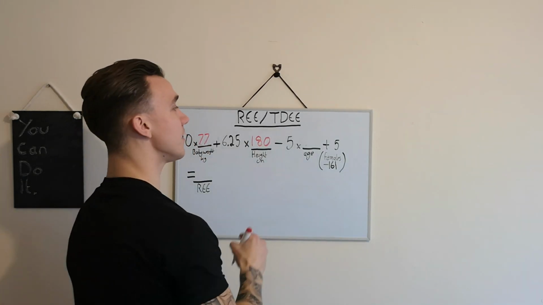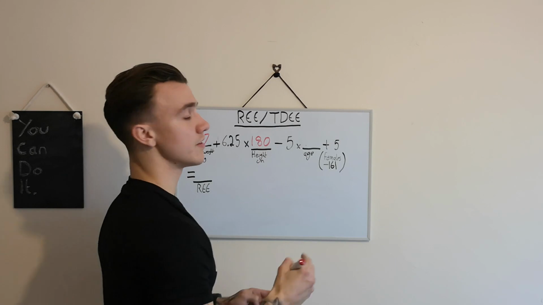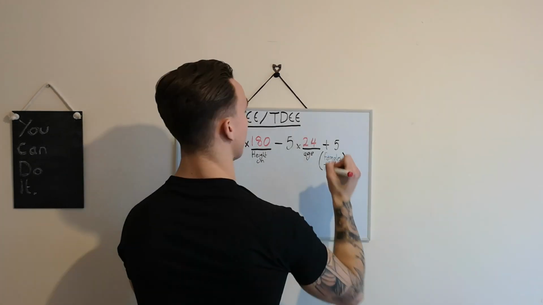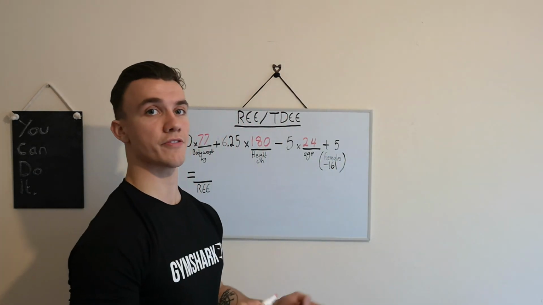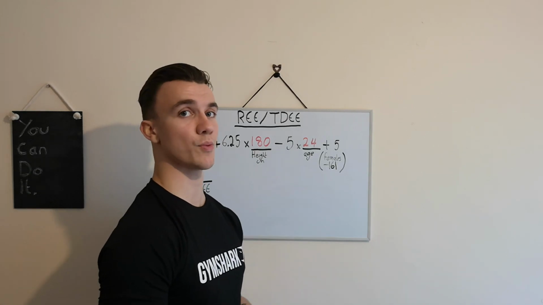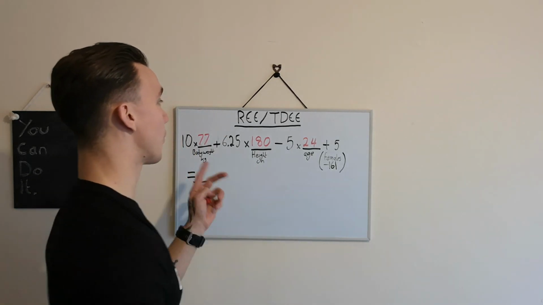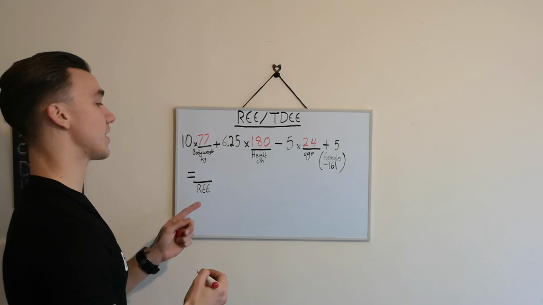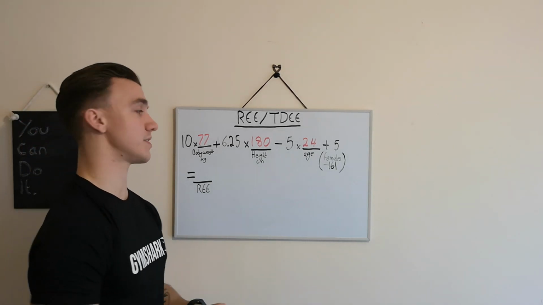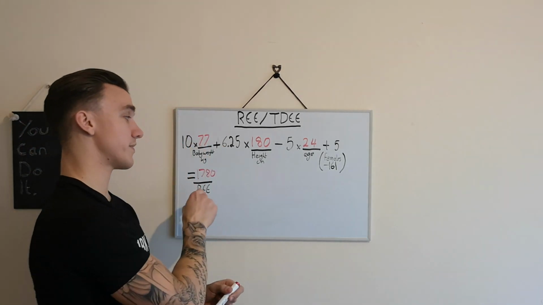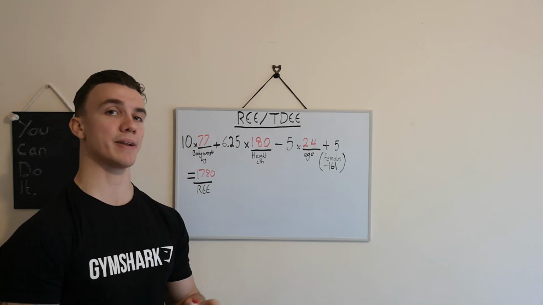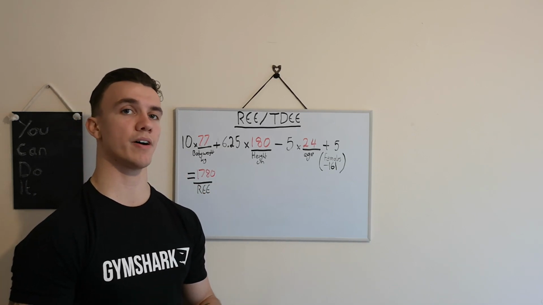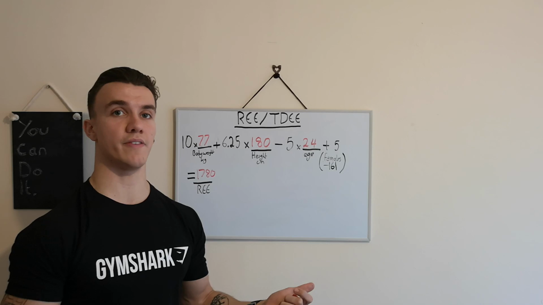Then we minus 5 times your age in years, and then plus 5 if you're a male, minus 161 if you're female. And then what you get from that is your resting energy expenditure. So 1,780 calories is how many calories I need to consume per day to survive.